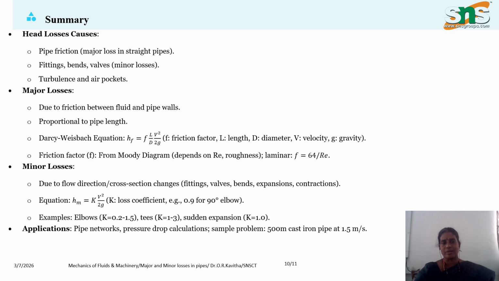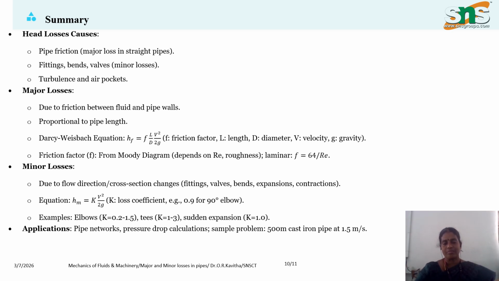The minor losses are due to fittings, bends, contraction, expansion, etc. For calculating the major loss, the formula we use is f L V squared divided by 2 g D. This is the Darcy-Weisbach equation, and this friction loss mainly depends on the friction factor. The friction factor also depends upon the Reynolds number, which defines whether the flow is laminar or turbulent.